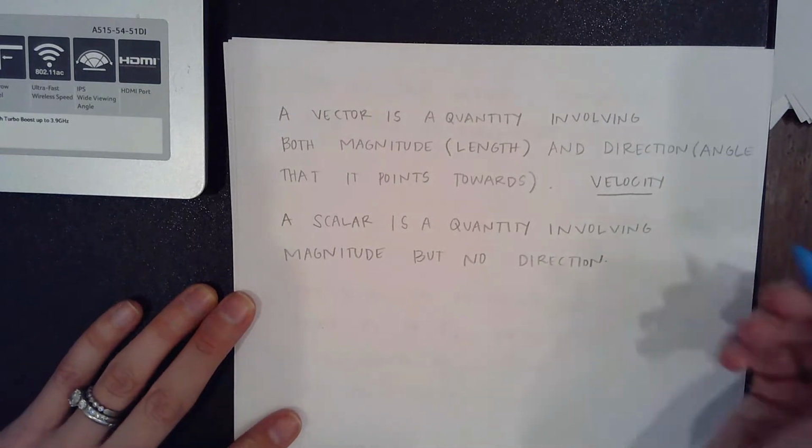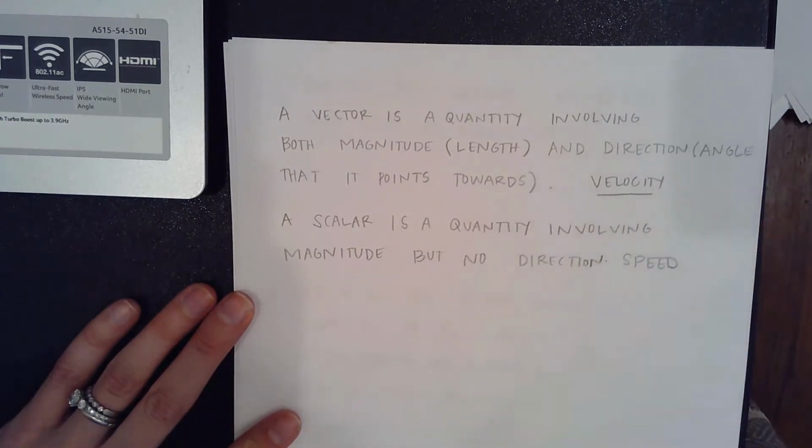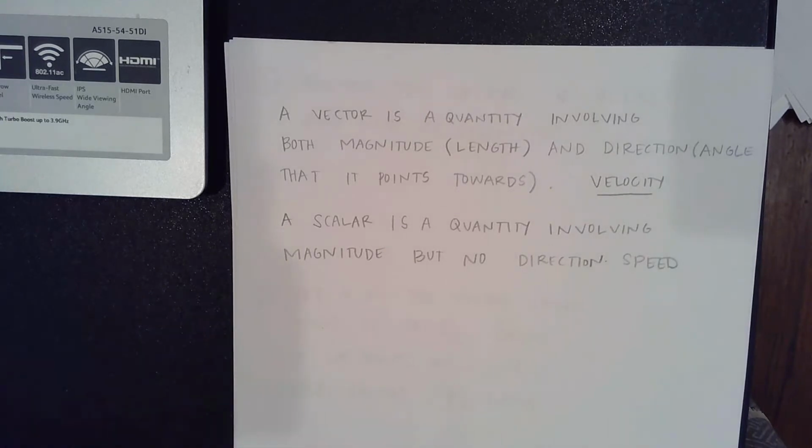An example of this one would be like a speed. Velocity, you know the length that you're going to travel, and you know a direction. With scalar, a quantity, speed, you just know the speed. You just know the length that they're going to be going.